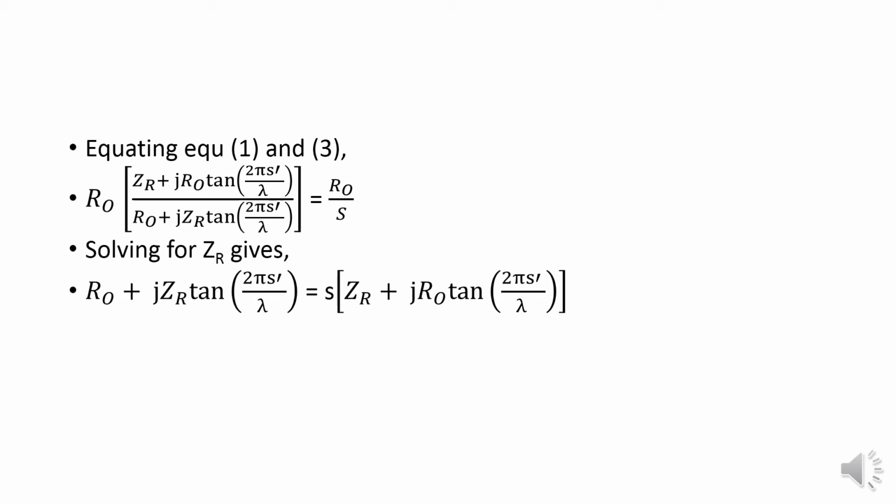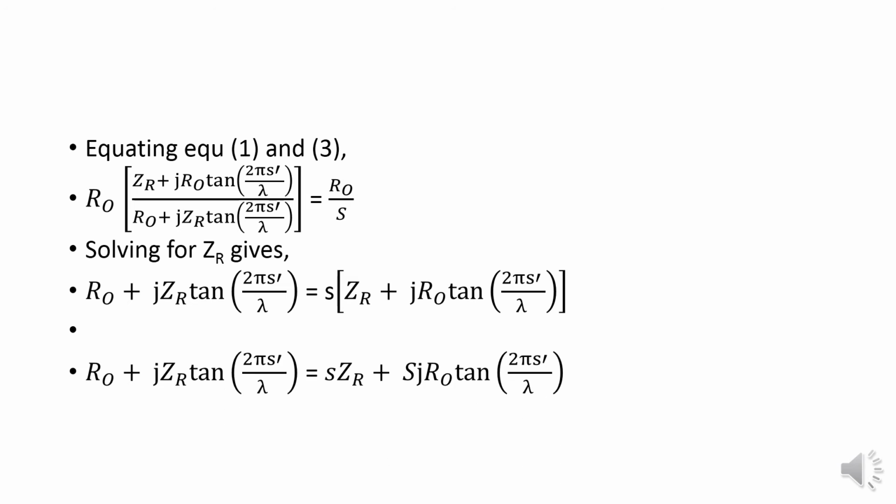Then R naught + j Zr tan 2 pi S dash divided by lambda = S into (Zr + j R naught tan 2 pi S dash divided by lambda).